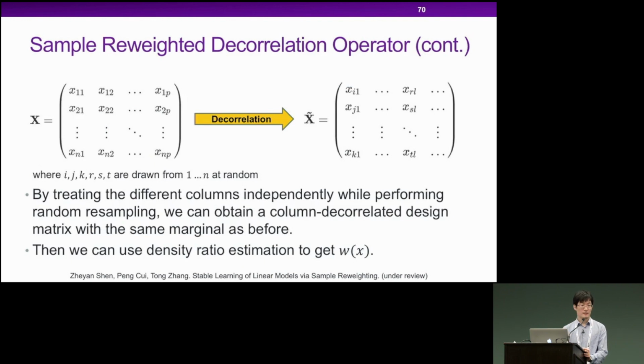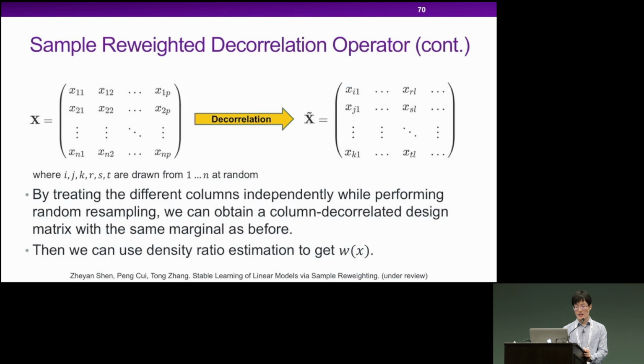random resampling. Random resampling can guarantee that after the sampling, the different variables can be decorrelated, and then we can obtain a column decorrelated design matrix, X tilde here, with the same marginal distribution as the original design matrix.